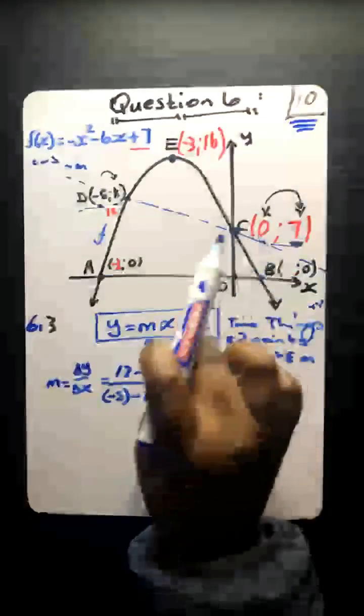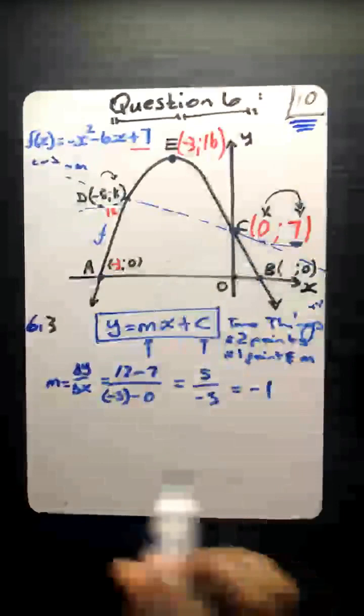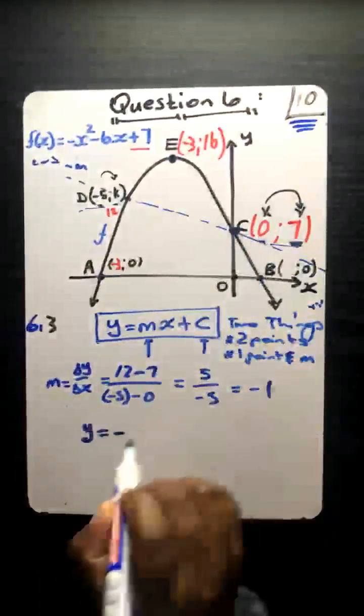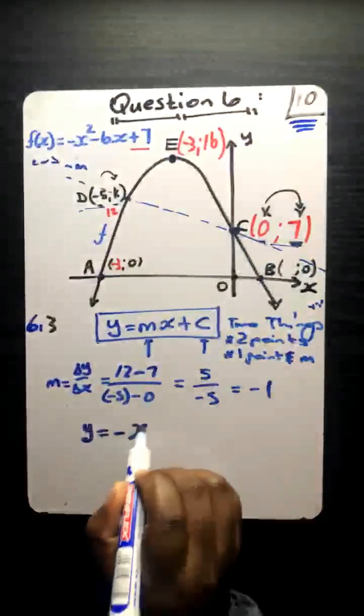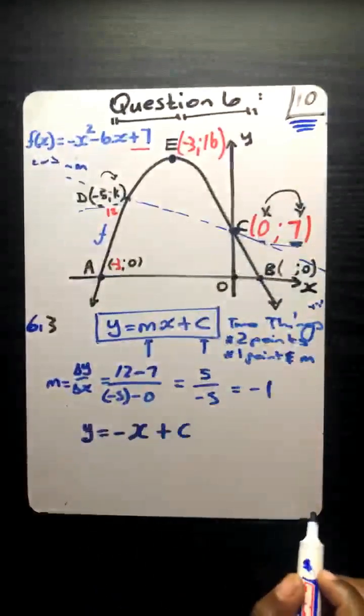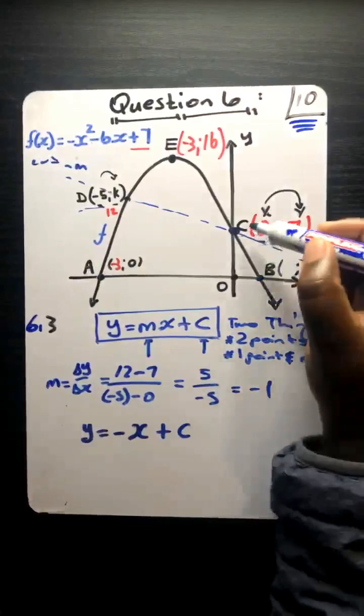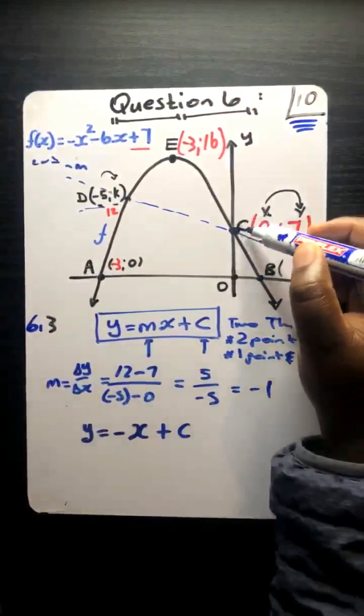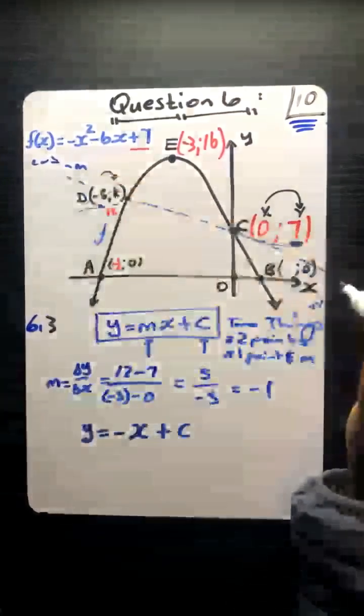What I'm saying is we have y is equal to the gradient, negative 1, x plus C. Remember, it doesn't mean it is C because there is written D. It could be T there. We are just saying our straight line has been shifted by this many units upwards.